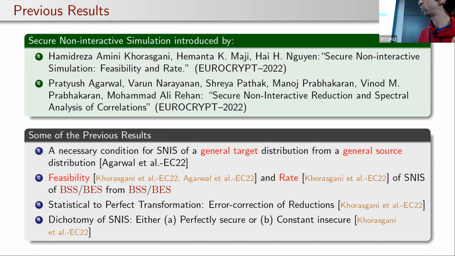SNIS was introduced in these two papers in Eurocrypt, and Agarwal et al. showed a necessary condition for SNIS of a general target distribution from a general source distribution. In our paper in Eurocrypt, our focus was on getting SNIS of BSS and BES from BSS and BES, and we proved some results for feasibility and rate.